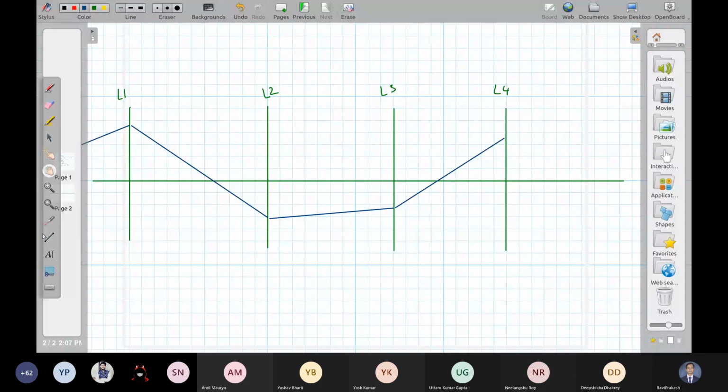These lenses may be convex or concave. We don't know much about it. We are just making a rough plot.